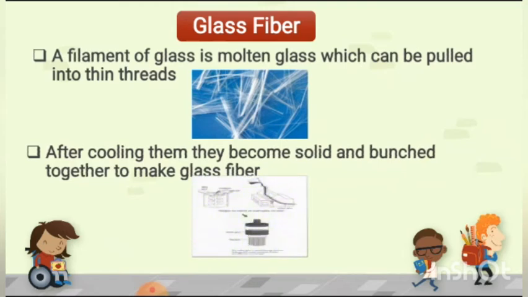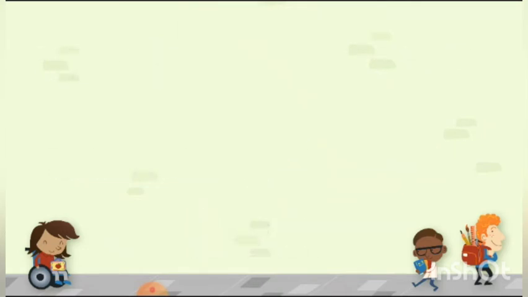In the picture you can see that the first process was the manufacturing of glass from sand, soda and lime. After that we put them in a furnace, then we melt it, and after melting we get the thread-like structure, and the cluster or bunch we get in solid form is glass fiber.